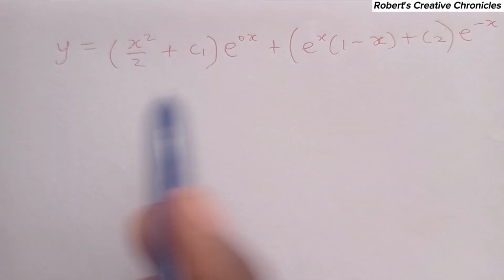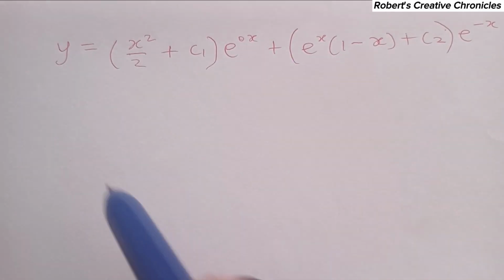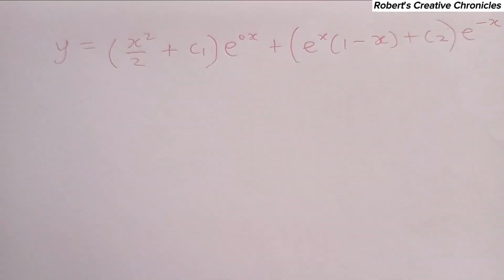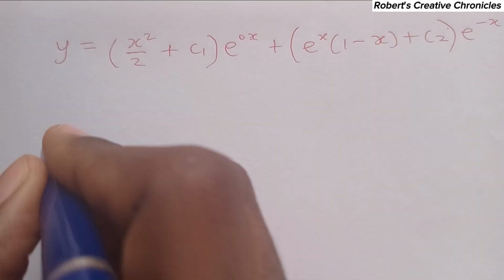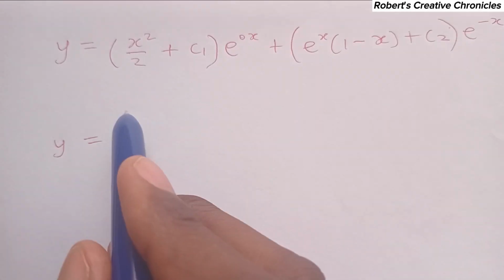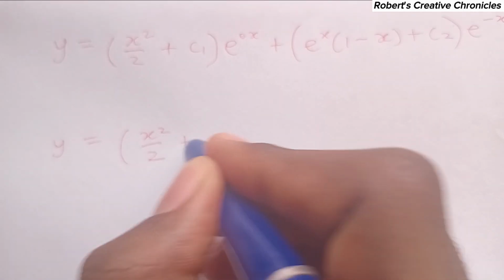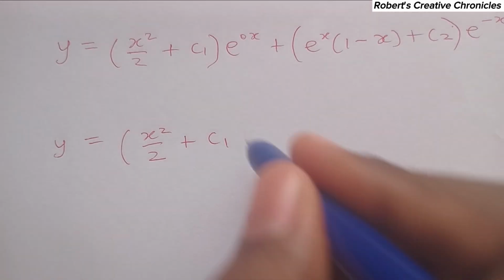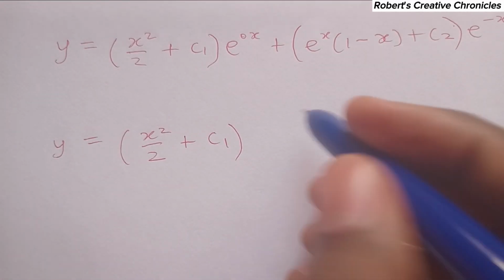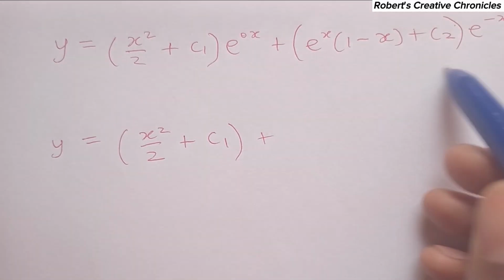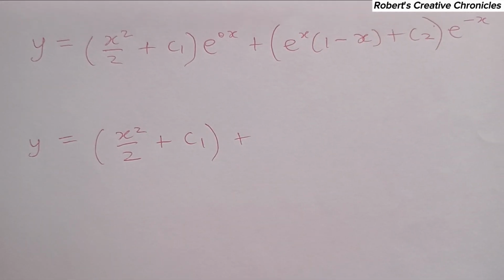Now you can further simplify this equation. This exponential 0x is 1. So y will be equal to x squared over 2 plus c1, times 1. Then plus this one, you can open the bracket with exponential negative x.